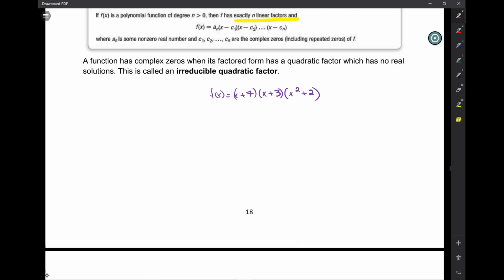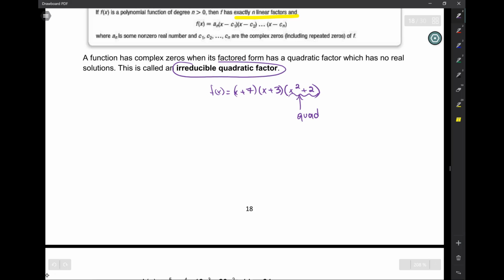This gives you an imaginary solution. Where did we get this imaginary solution from? Because we have a quadratic factor, right? So it has 3 factors here. This one's quadratic. Can it be factored? No. So we call this an irreducible quadratic factor. And that will lead to imaginary numbers.